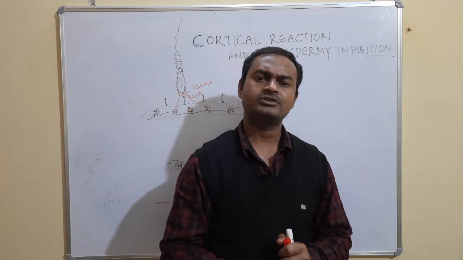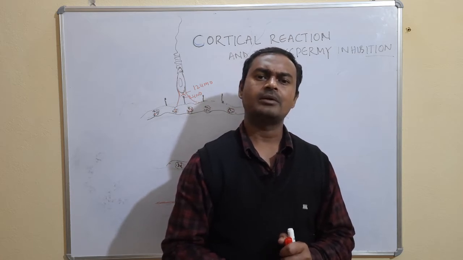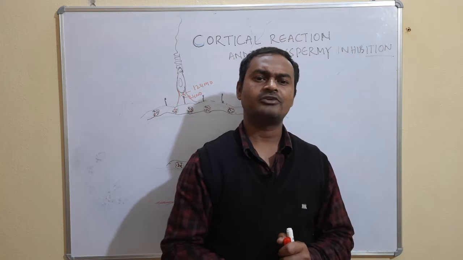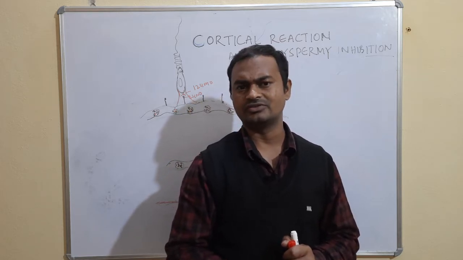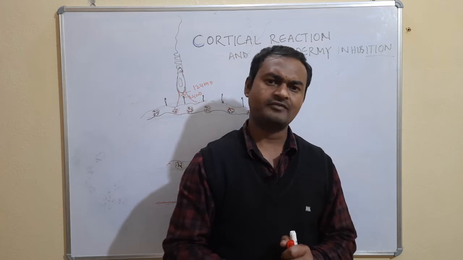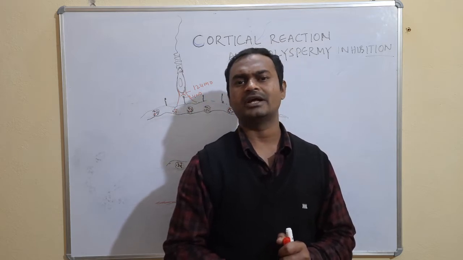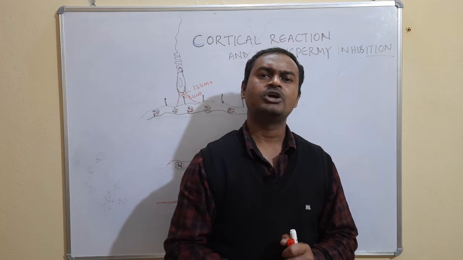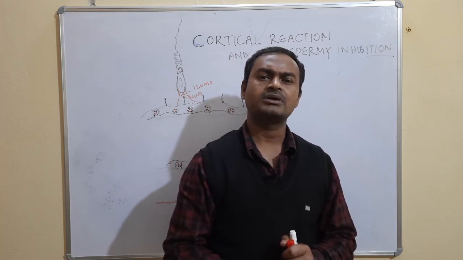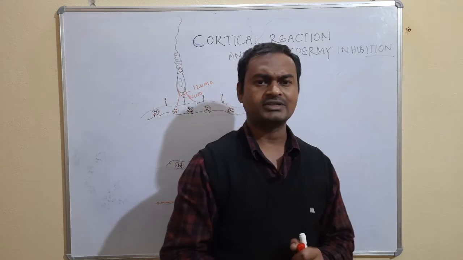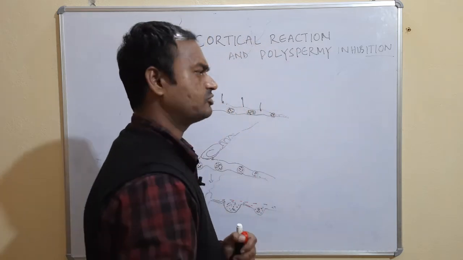Now after it fuses with the cell membrane, it undergoes degranulation, which is called cortical degranulation. Let us understand this step with the help of the figure, and then we will come to know about the process of stopping polyspermy.